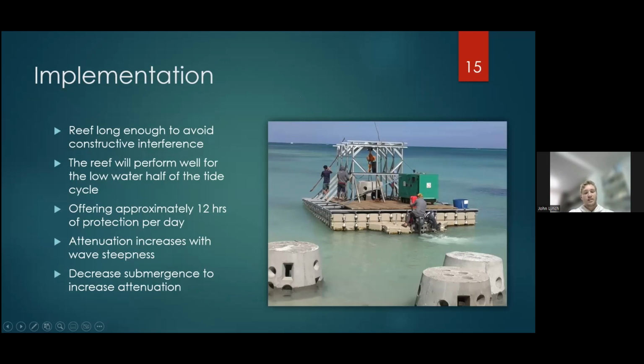And to increase the attenuation performance of the reef, it could be deployed such that its relative submergence is reduced across the tidal cycle. So wave breaking would be initiated more often, and at high tide, more of the wave particles would be interacting with the reef. The reef may experience some drying at low tide if this is the case.